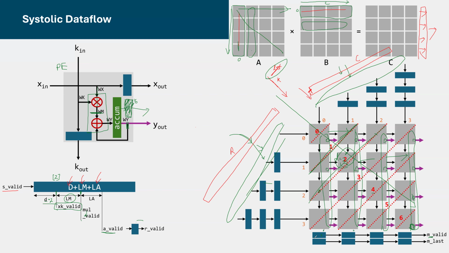Similarly, for M last, this is M last equals 1, and it gets shifted here, here, here, here, and this goes out with M last. The green columns become an accelerator cut. So that's how we are sending the data out.